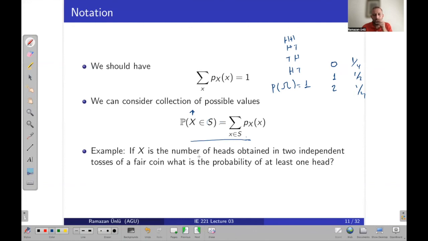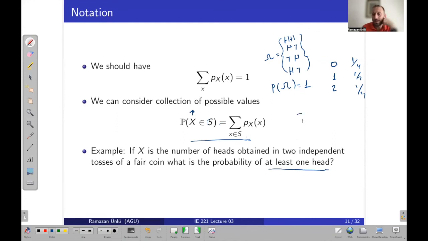Okay, so for example, if x is the number of heads obtained in two independent tosses of a fair coin, what is the probability of at least one head? So this is our omega, right? Head-tail, tail-head, and head-tail. What my interest is, is at least one head.